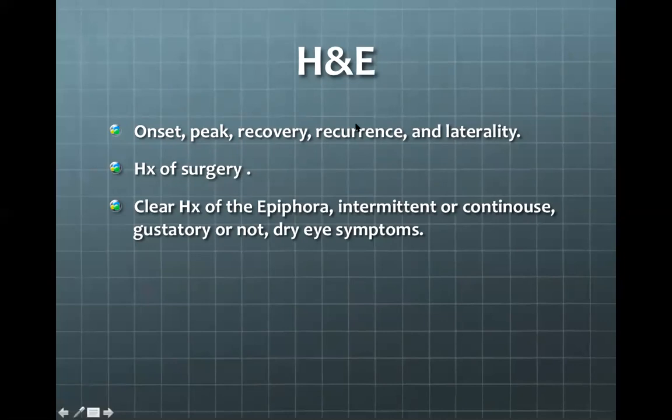Of course, you should ask about history of surgery, and when you come to the part of tearing, you should take a clear history of that before, if it is intermittent or continuous, if it is gustatory related to the eating or not, or if there are dry eye symptoms.